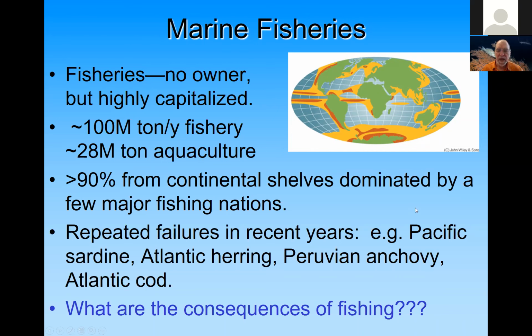And 90% of the continental shelves are dominated by a few major fishing nations. And there have been recent failures in years. But fundamentally, what we're looking at are areas where two factors, the supply of nutrients from upwelling and the availability of sunlight, are going to determine the existence of a productive fishery.